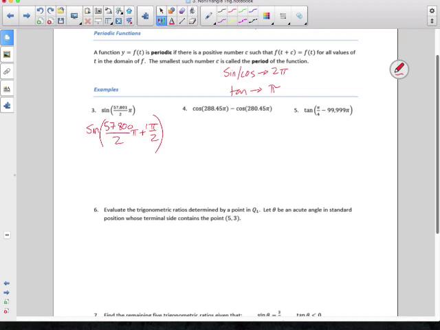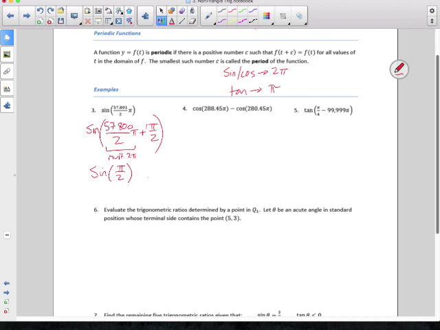If I were to add them, I would get 57,801. So this right here is a multiple of 2 pi. And since sine's period is 2 pi, I can actually say that it just repeats itself. Every time I add a 2 pi to it, it's the exact same thing. It repeats itself. So this is identical to me just asking you what is sine of pi over 2.